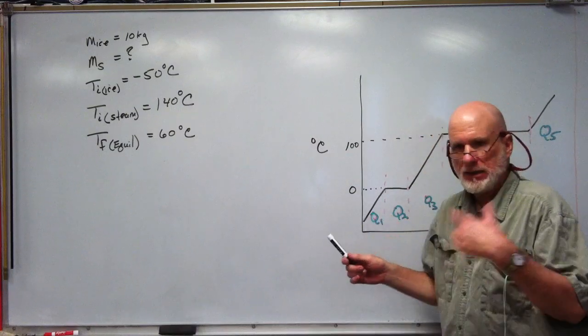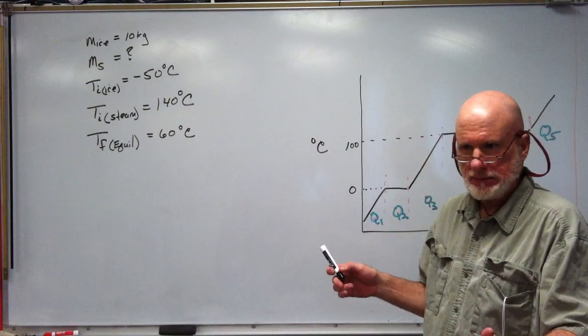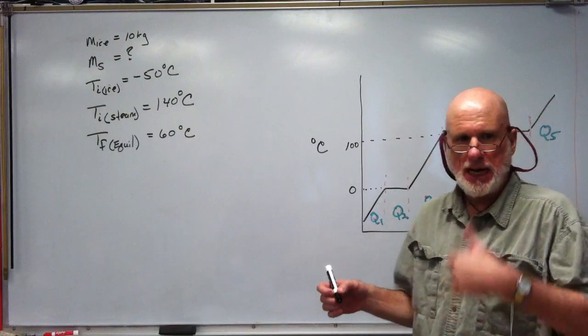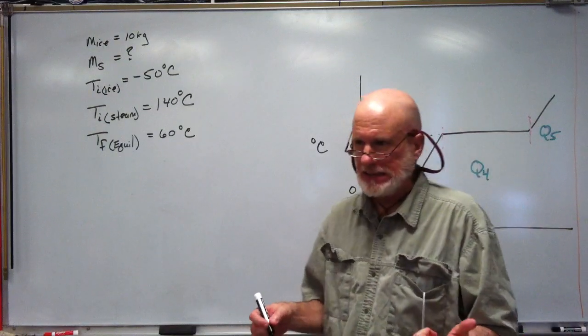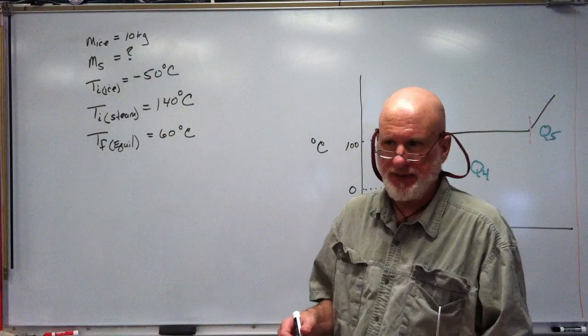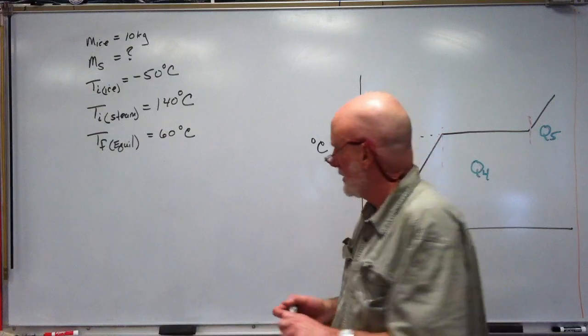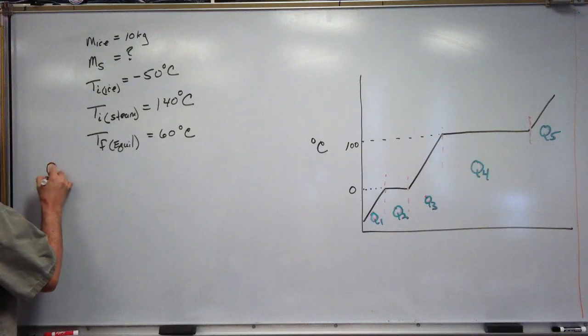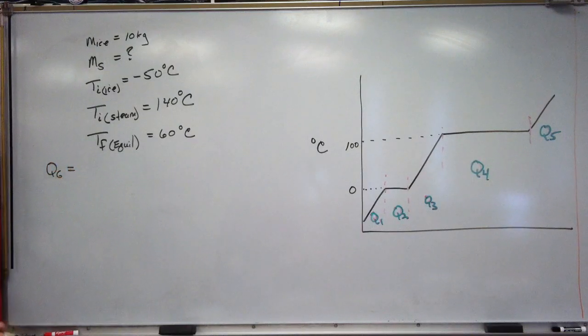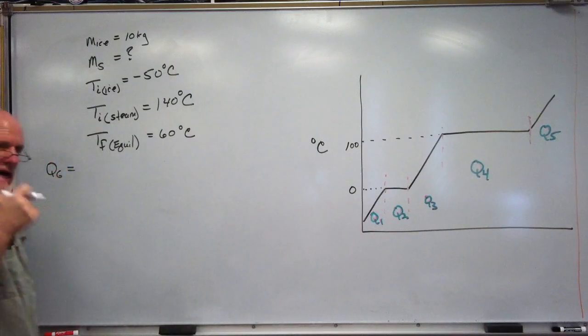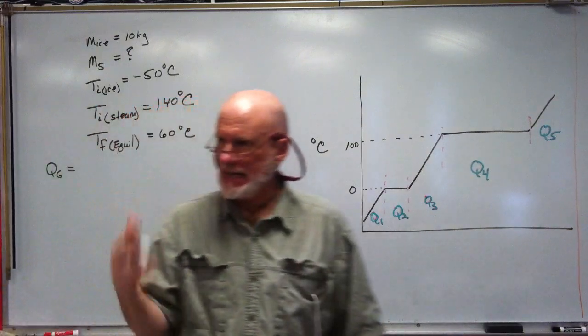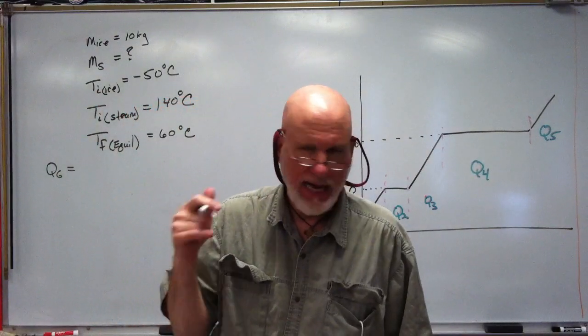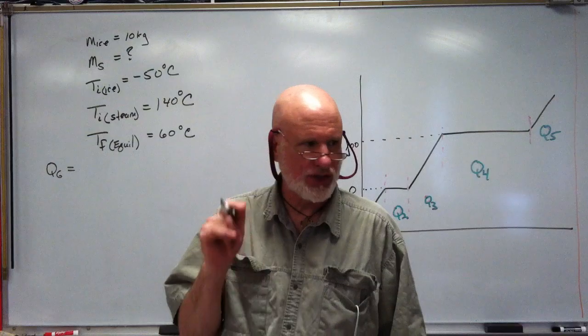So it's going to be the mass of the ice times the change in temperature of the ice, times the specific heat capacity of the ice, correct? So I'm going to go way over here, and I'm going to say heat gained equals, and I'm going to use I for ice and S for steam. Is that okay?